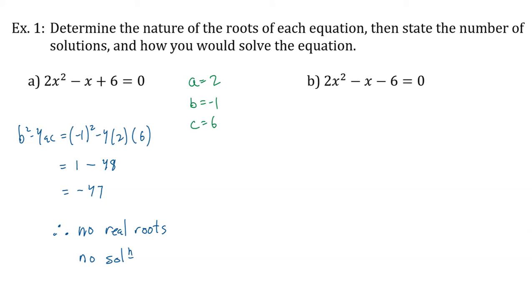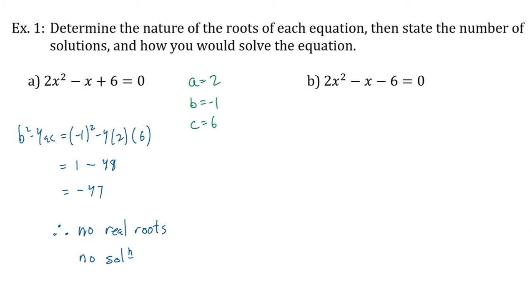Everybody get that? You don't have to show the subbing in and the solving steps. You can just say b squared minus 4ac equals negative 47. Like you can just do that on your calculator and just say what it's equal to.